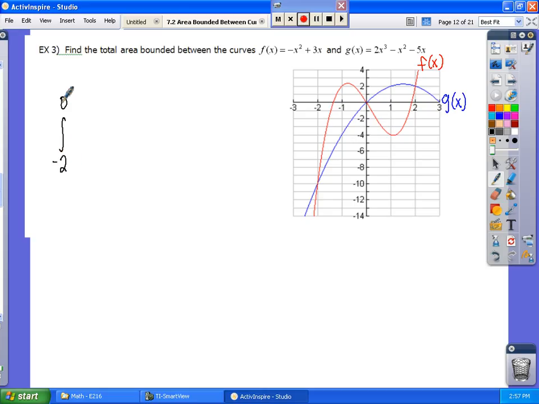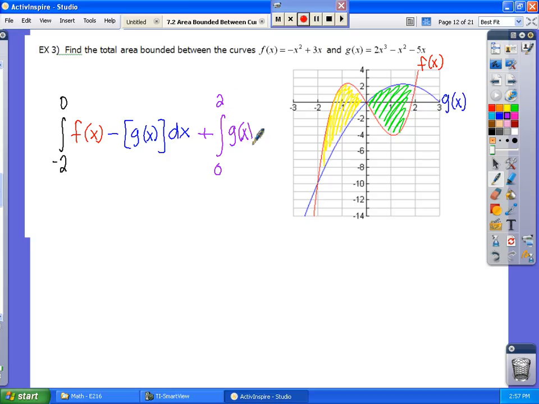I'm doing this area first, which is the red function, f of x, minus the g function, dx. Now, if I want to do the green portion right here, the top and bottom actually change, which causes us to have plus the integral from 0 until 2. Top function is now g of x minus the bottom function being f of x now.